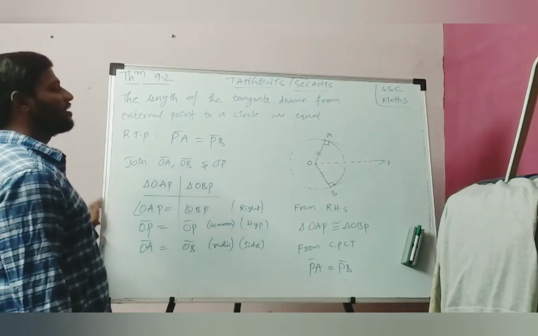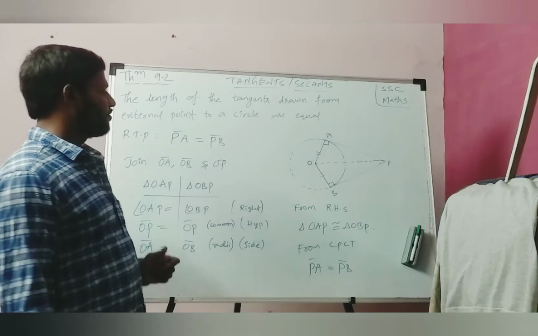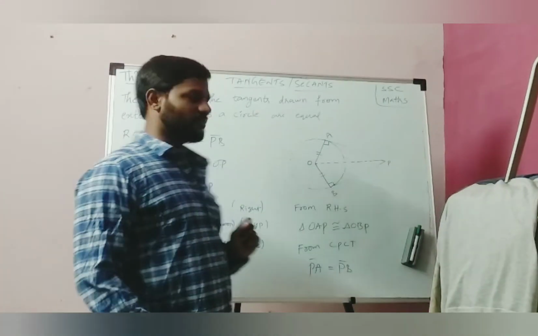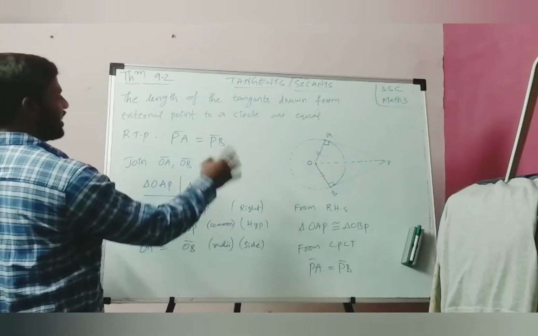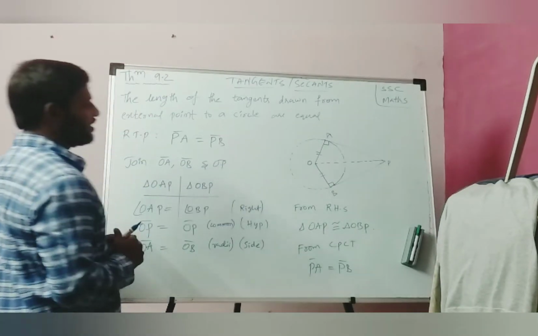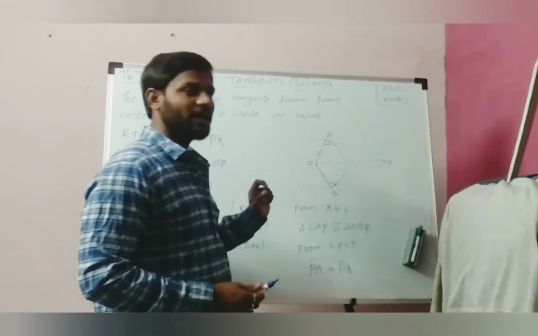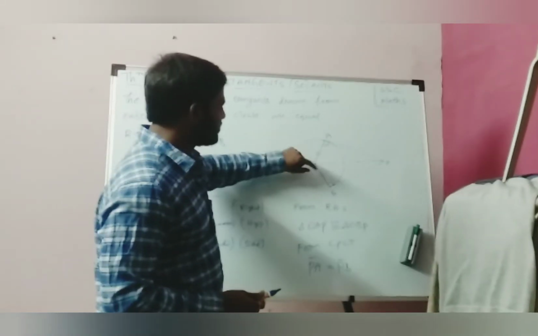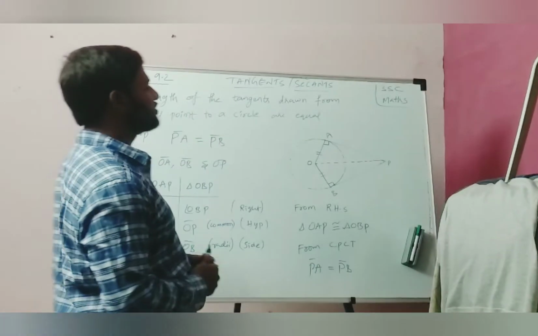What are PA and PB here? They are tangents of the circle. What I proved is that the tangents drawn from an external point are equal. First, I joined OA, OB and also OP. Next, I compared these two triangles and proved they are congruent. Then corresponding parts of congruent triangles are equal.